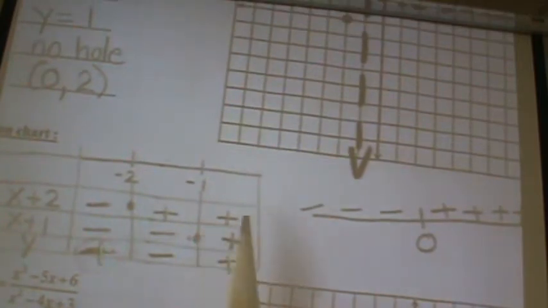Count how many negatives. 1 is odd, negative. How many negatives do you have? So it's positive. You'll get the hang of it. We're going to do 4 of these together. This tells us from negative infinity to negative 2, our graph is in the positive region. So here you're watching a movie, you're going along, and it says we are in the positive region.